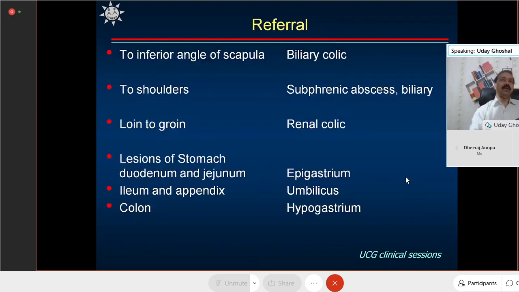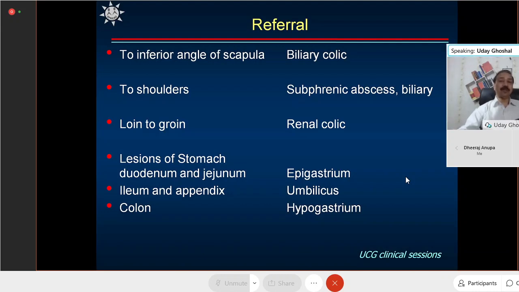Look at the referral: to the inferior angle of the scapula, biliary colic; to the shoulder, subphrenic abscess, biliary pain; loin to groin, renal colic; lesion of the stomach, duodenum and jejunum to the epigastrium; ileum and appendix to the umbilicus, because ileum nerve supply is T10, appendix nerve supply is T10, therefore going to the umbilicus, that is the dermatome there.